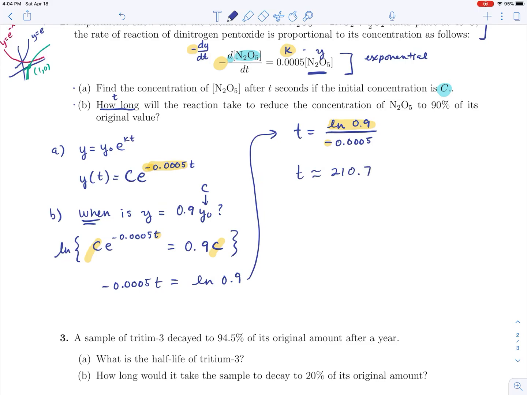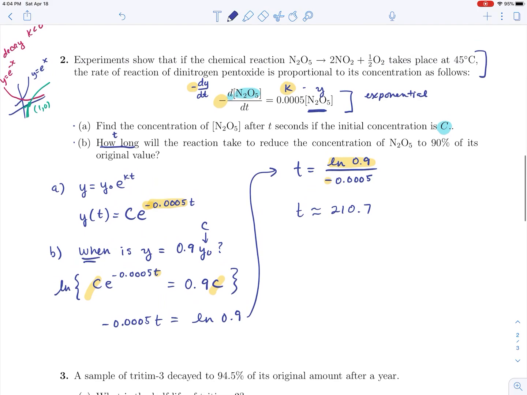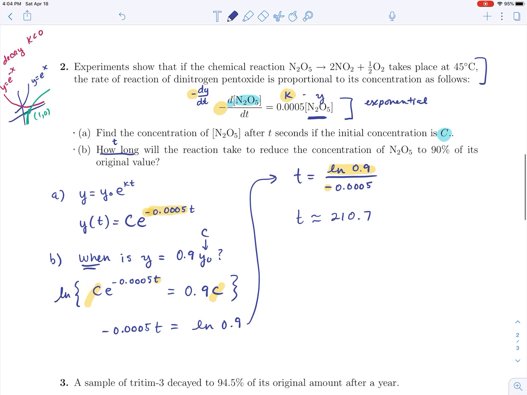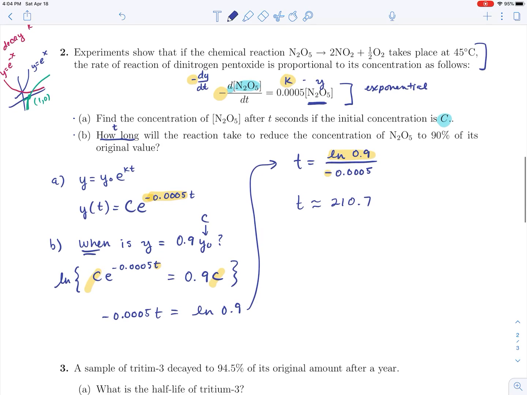And if we go back to see what the units are, this is a time, and it looks like we don't know. It wasn't part of, oh, we do know, seconds.